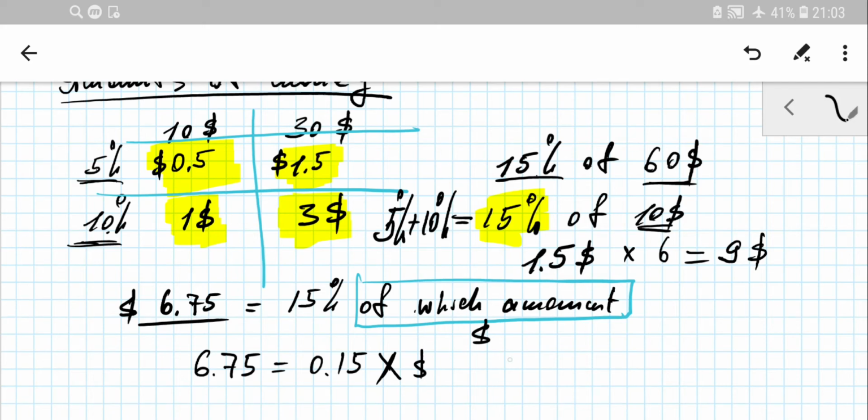From where you can figure out x in dollars as 6.75 divided by 0.15. So this is the way through using the equation. Let's calculate that quickly. 6.75 divided by 0.15, you've got $45.